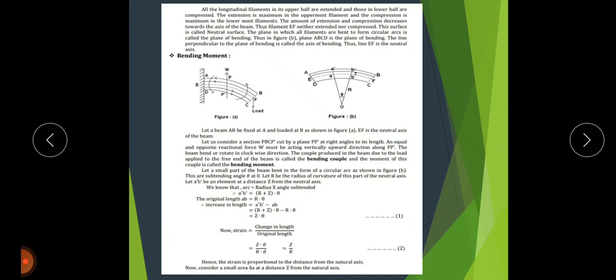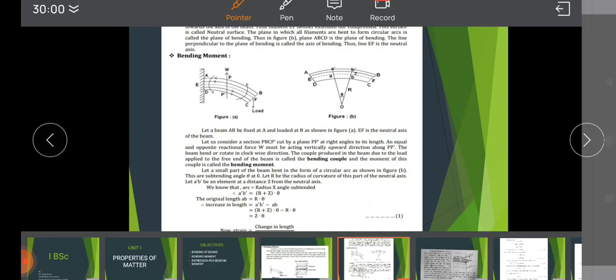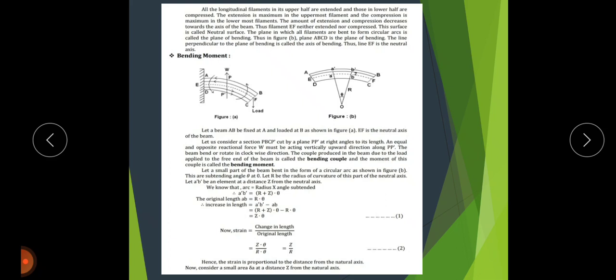Here both numerator and denominator contain theta, so theta will be cancelled, remaining is z divided by R. This is taken as equation number 2. Hence the strain is directly proportional to the distance from the neutral axis, that is z, divided by R, where R is the radius of curvature.